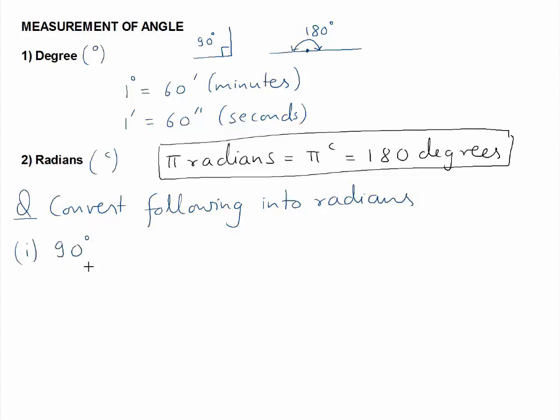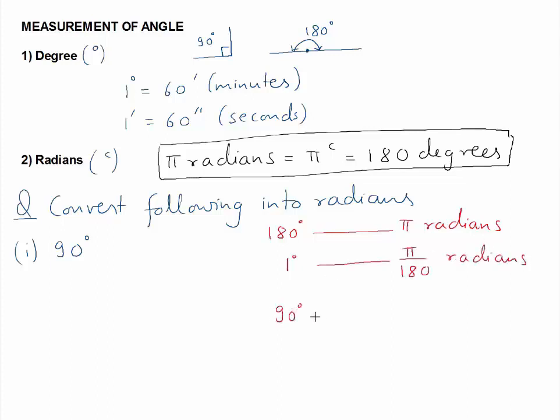We can just apply the unitary method, which is 180 degree equals pi radians. So 1 degree will be equal to pi by 180 radians. Then 90 degree will be equal to pi by 180 into 90, that's pi by 2 radians.